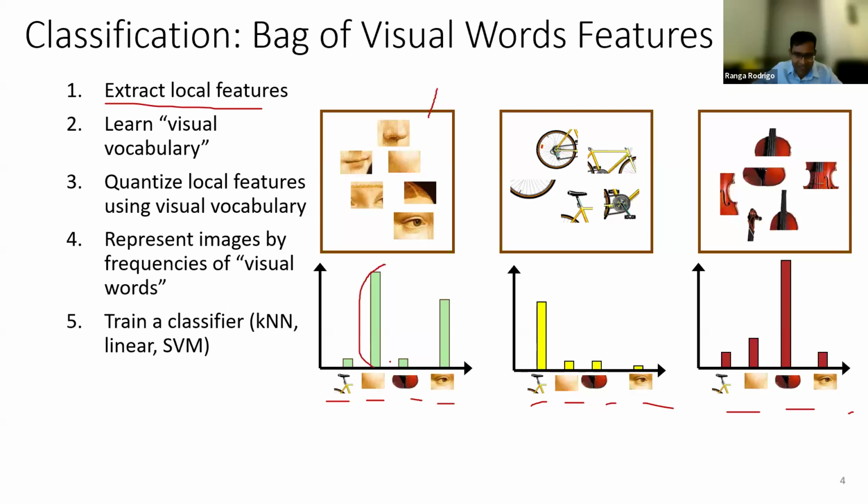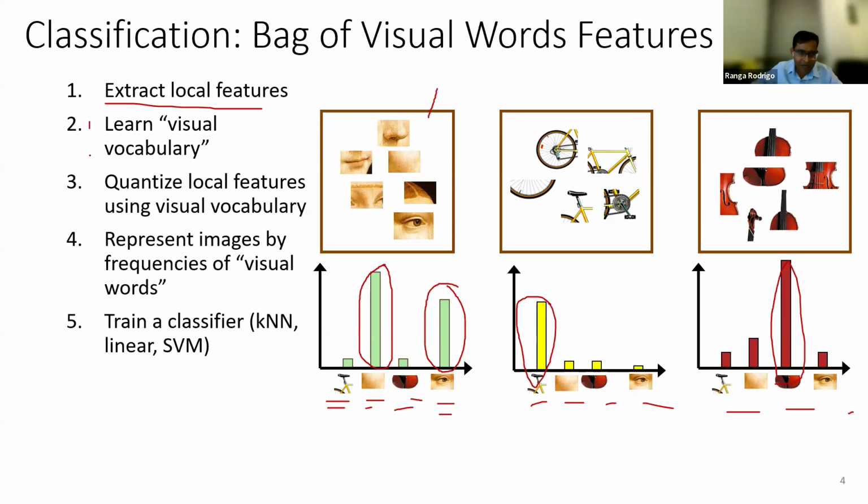For the Mona Lisa image, this skin color patch and this eye patch will have many, and so on. But for the bicycle image, the bicycle seat will have many. For the violin, this thing will be many. So by getting a histogram against the code book, as we call it, you can classify to which class this image belongs.